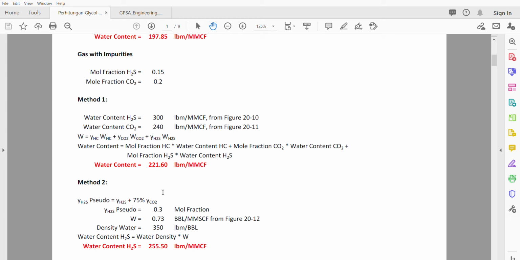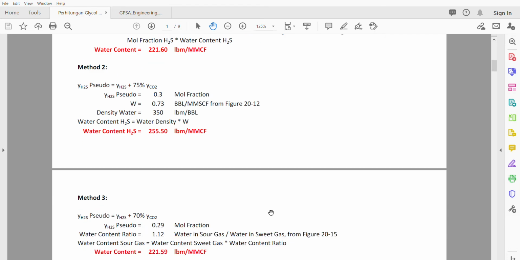So in this case, the pseudo H2S is 0.15 plus 75% of CO2, which is 0.15 also, and then the pseudo becomes 0.3 mole fraction. And then we see what is the barrel of water in the million cubic feet from figure 2012.